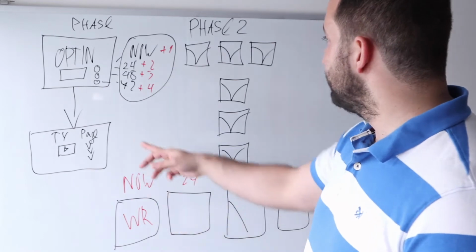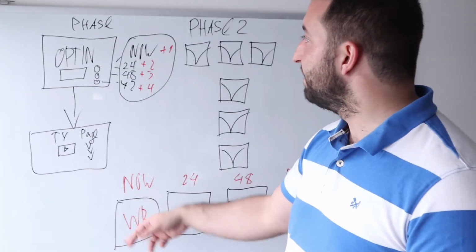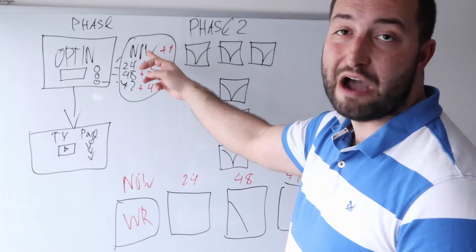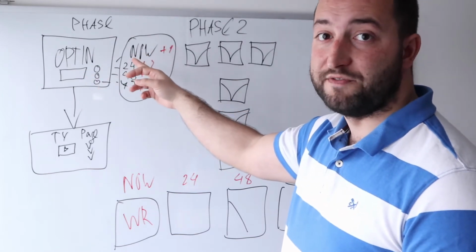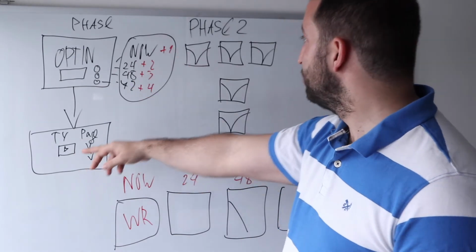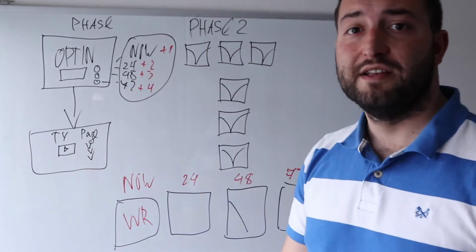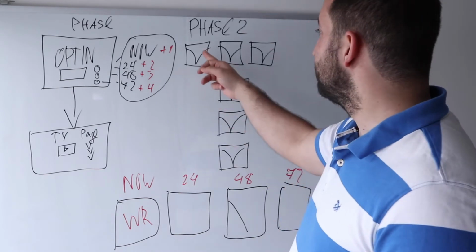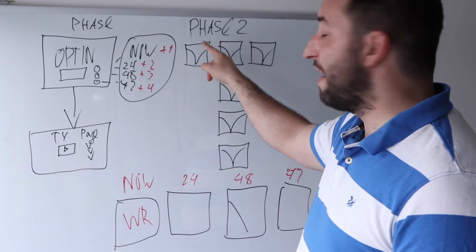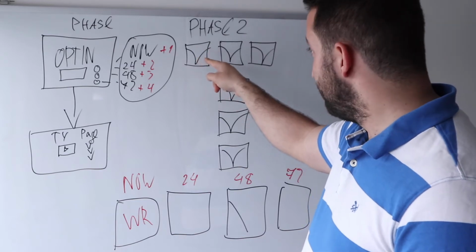So when somebody wants to watch the webinar now, here's how it works. He opts in, he picks now as an answer on the form. He's sent to the thank you page. He gets an email, hey, the webinar is about to start, and there is a countdown timer which shows when the webinar is going to start.